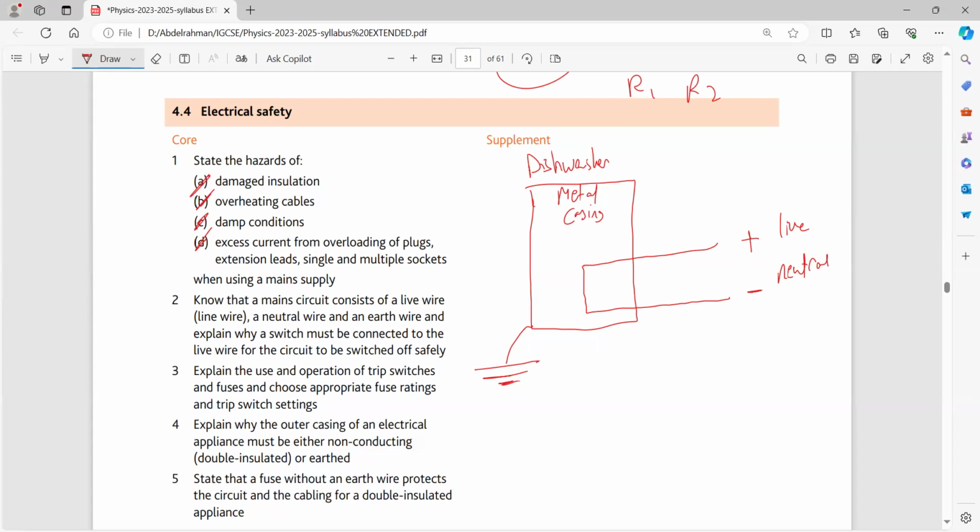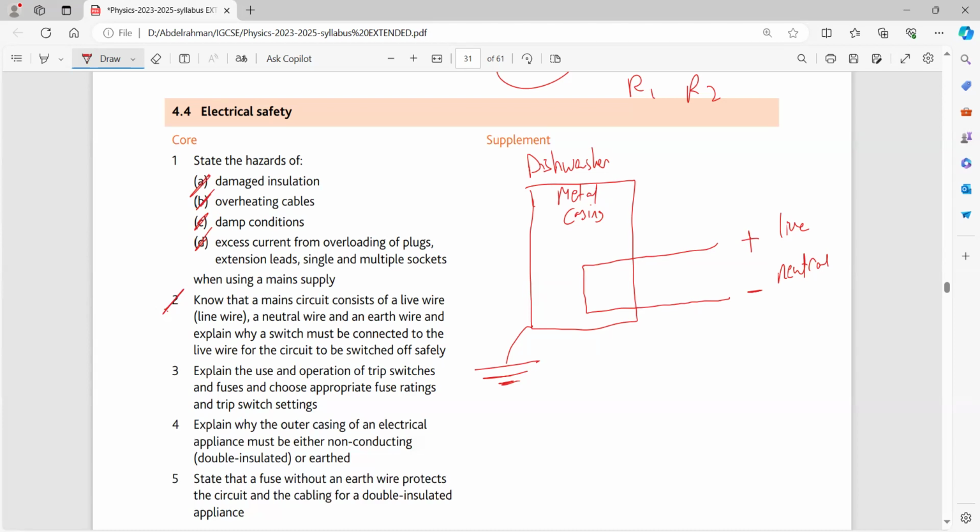But how can we prevent electrocution? All we do is we earth or ground this metal casing. When we ground it, all of the electrons of the excess current will pass all the way to the ground. That's why we use an earth wire.